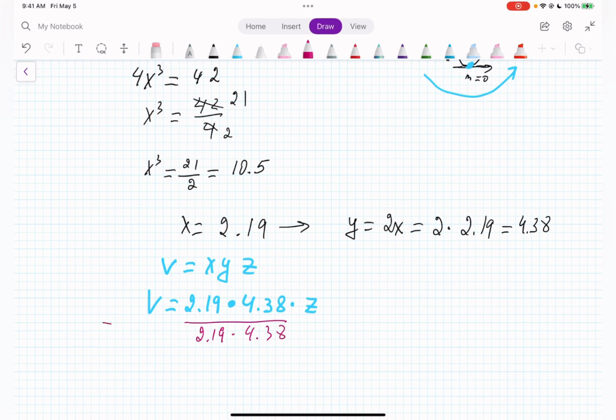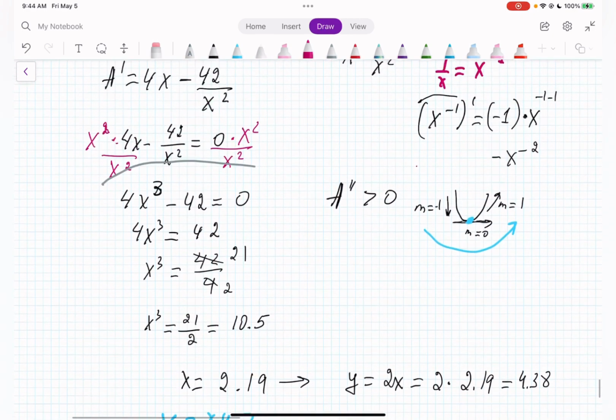So we need to divide by 2.19 and 4.38. So what do we have? This is canceling, this is gone, and here we have 2.19 times 4.38, this is multiplication.